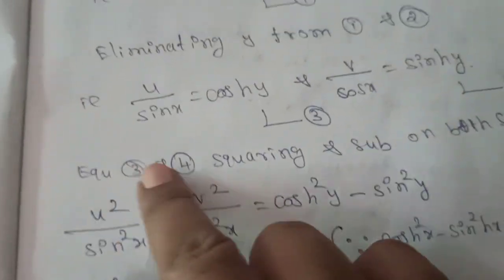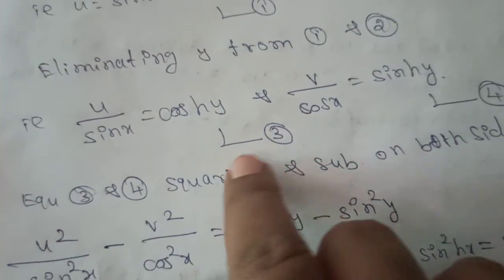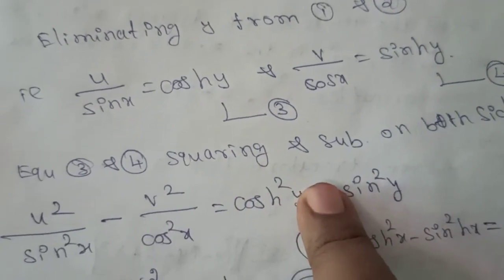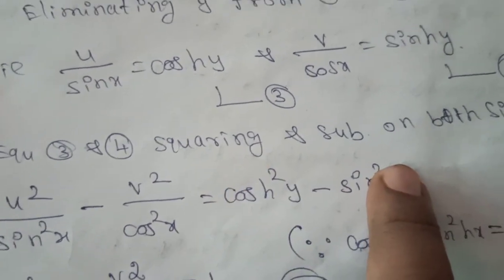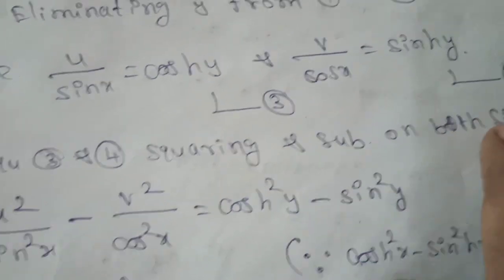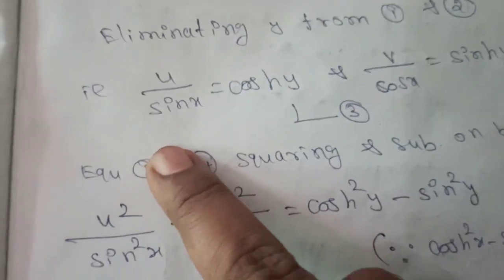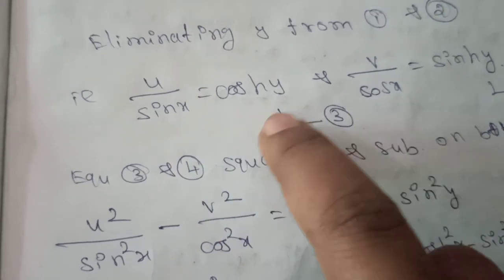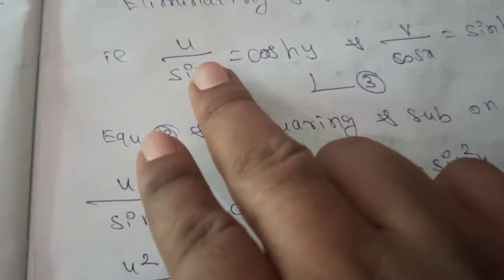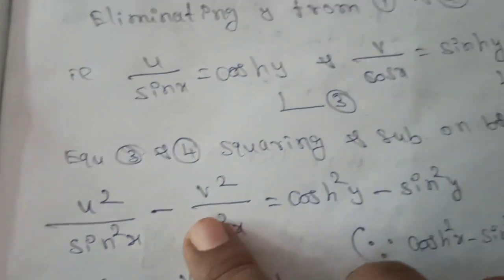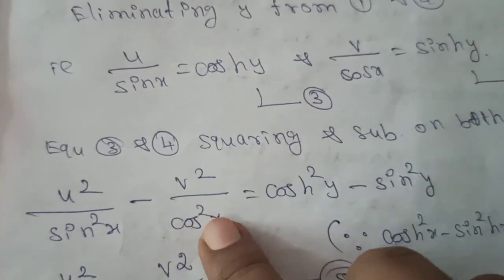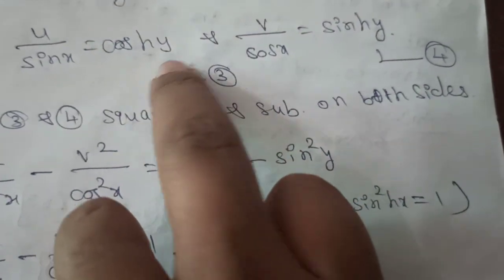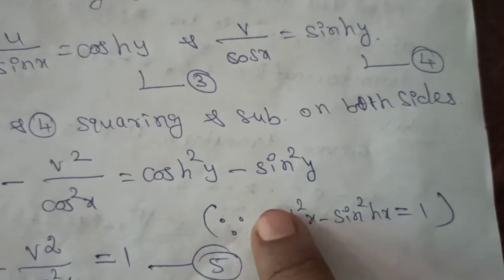Next, take equations 3 and 4, squaring and subtracting on both sides. First, squaring the left side and right side of these two equations, that is u square by sin square x minus v square by cos square x, which is equal to cos h square y minus sin h square y.